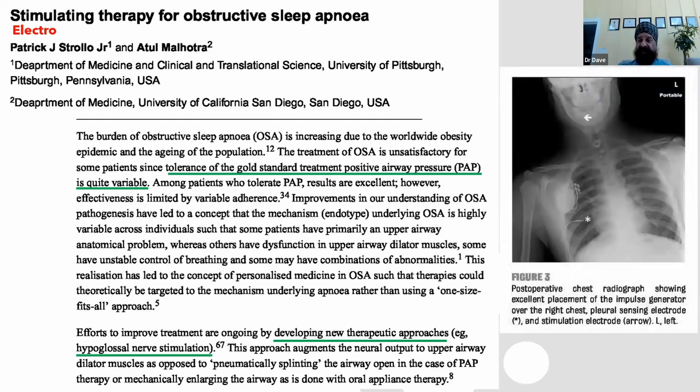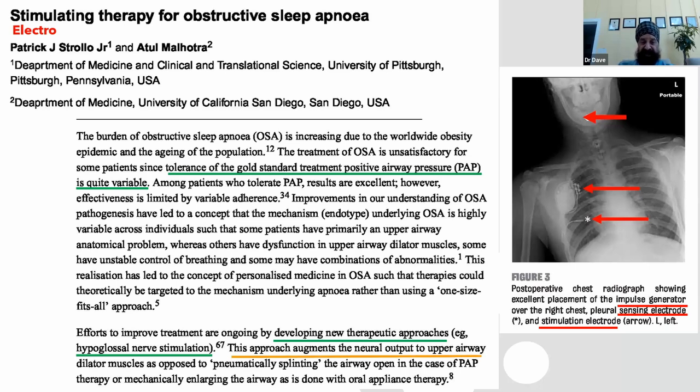It's a bit like a pacemaker, but you have a sensing electrode on the diaphragm to say whether there is diaphragm movement or not. Then you have this impulse generator, and that's going to provide stimulation through an electrode in the tongue, the hypoglossal nerve stimulation, to try to protrude the tongue and dilate the upper airway and allow this patient to breathe at nighttime.